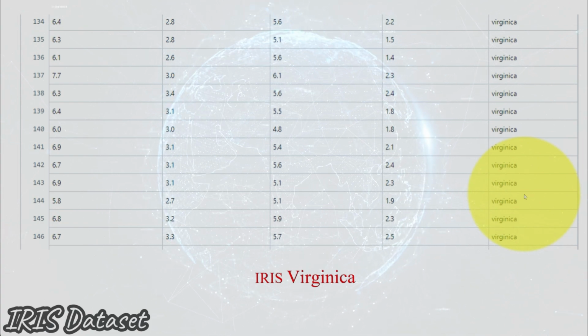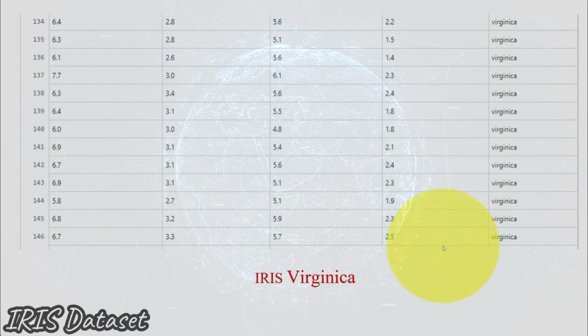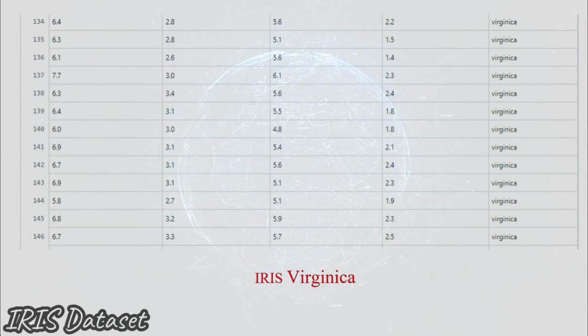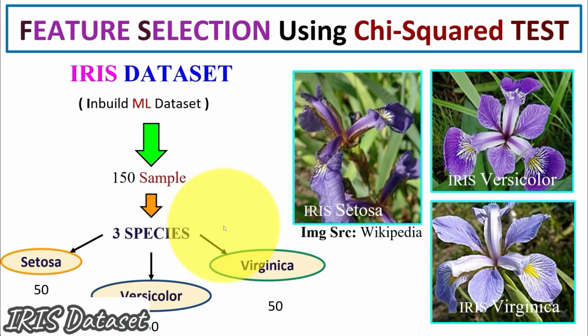So each species has 50 samples, and each data point represents a flower in the dataset. So we have 50 for each flower species. What we will do is load this dataset and separate the features from the species for further analysis, model training, testing, prediction, and other tasks.